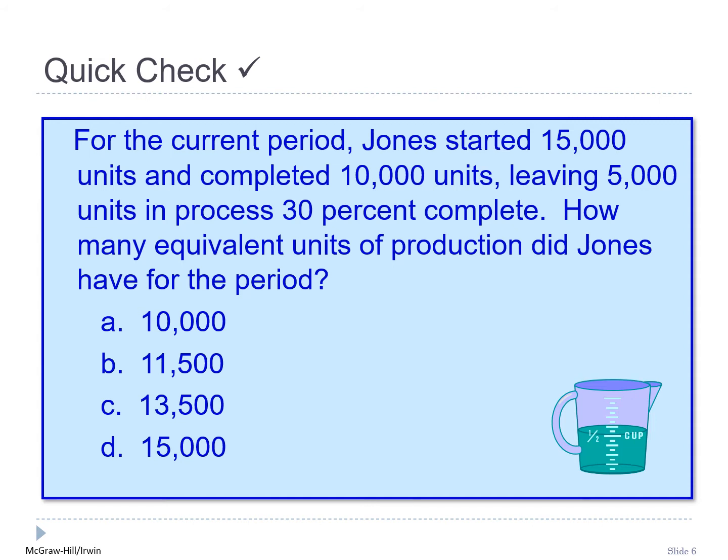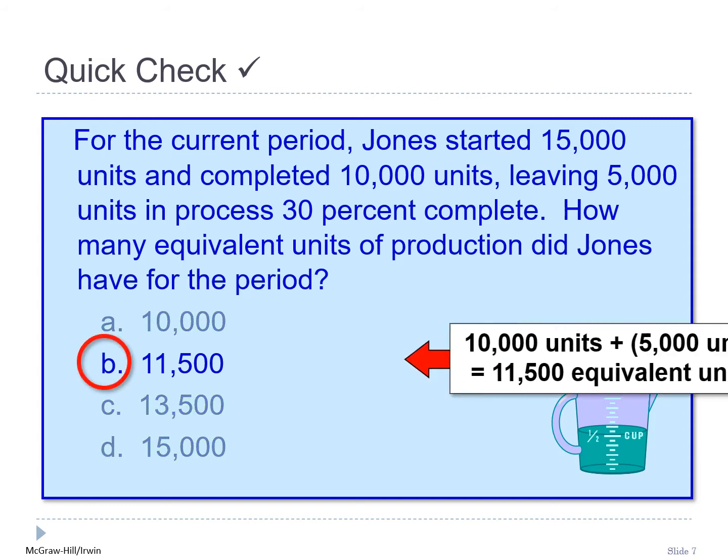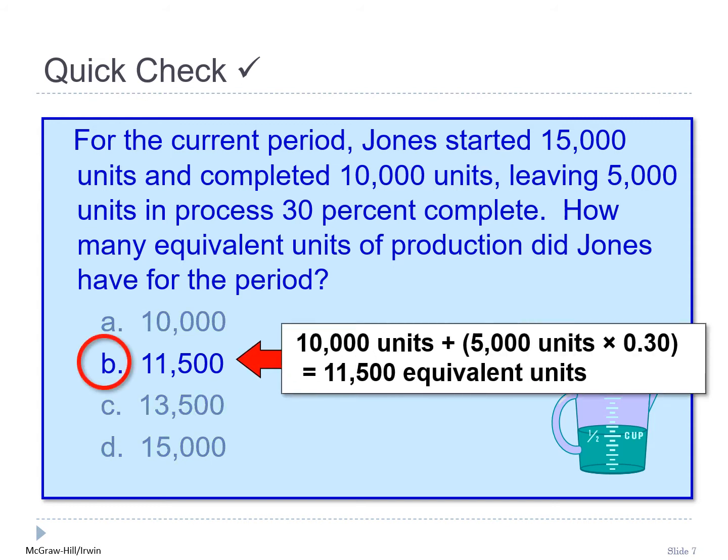So again, ang formula niyan is actual units multiplied by the percentage of completion. So, giving you 10 seconds. And the answer is letter B. So, para na-compute yung letter B.